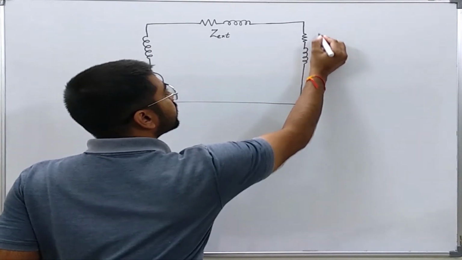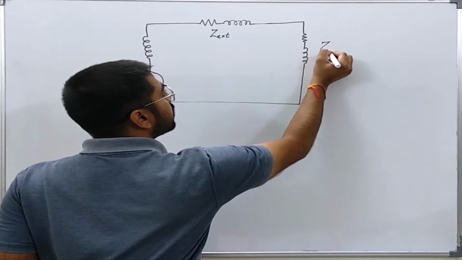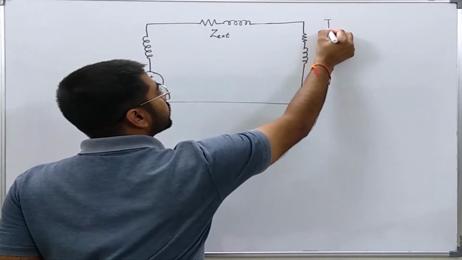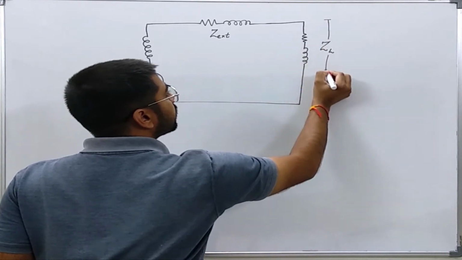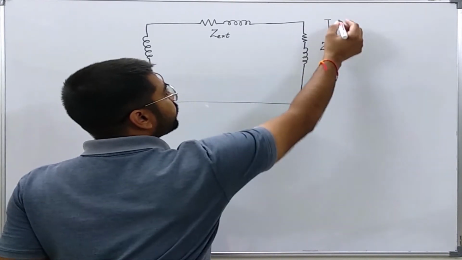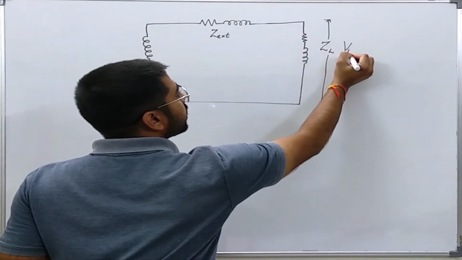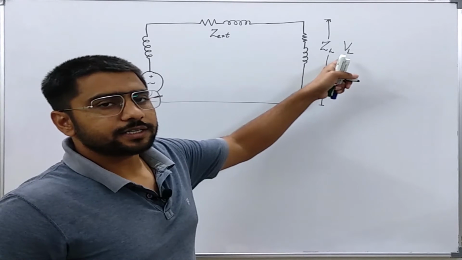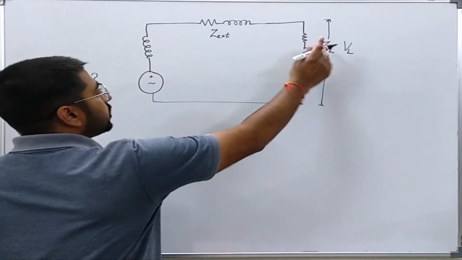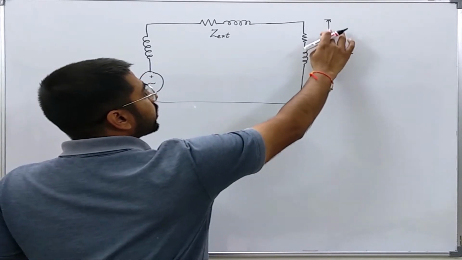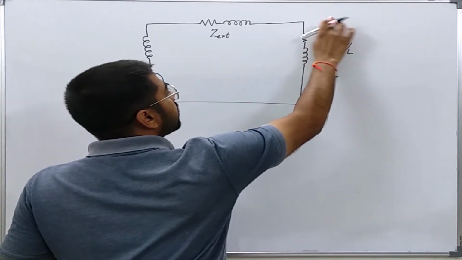Let us say this is called ZL, the load impedance, and the voltage across this load impedance is VL. All these quantities are phasors. So this impedance ZL has the voltage across it as VL.